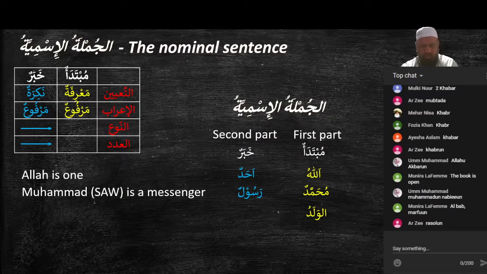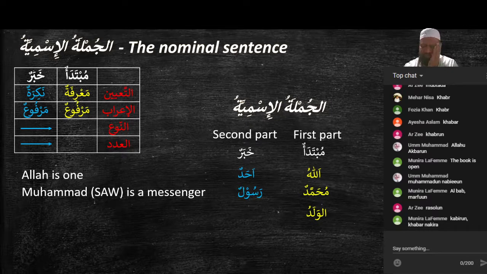Al-Waladu. The mubtada is ma'rifa and marfu. We need a khabar, so let's put the khabar in terms of ta'yin nakira and in terms of i'rab marfu. Saghirun. The sentence, Al-Waladu Saghirun.